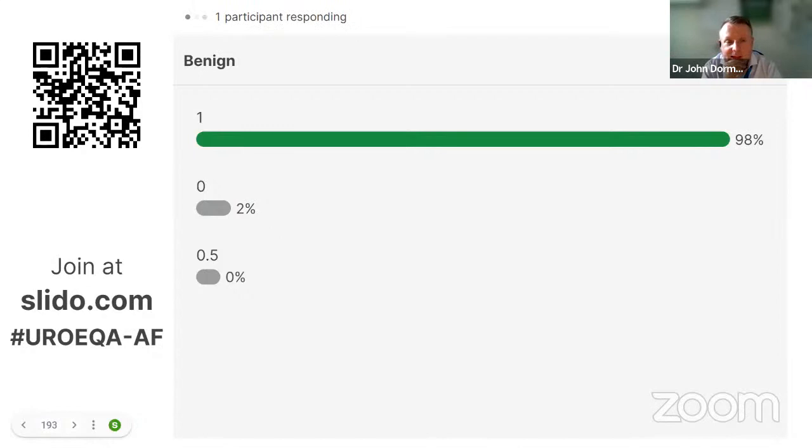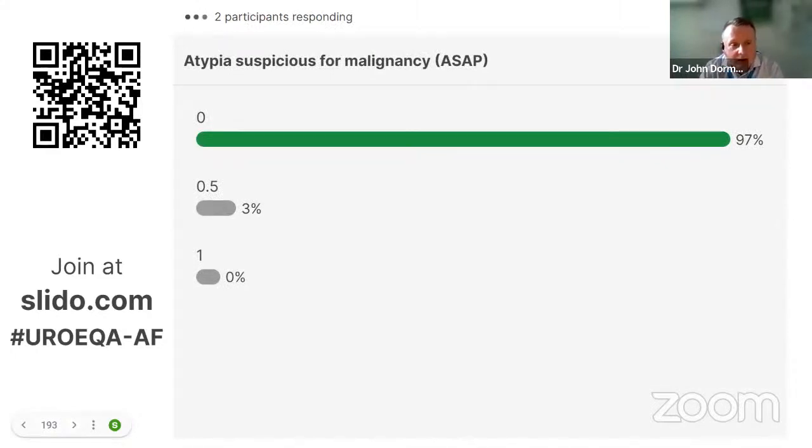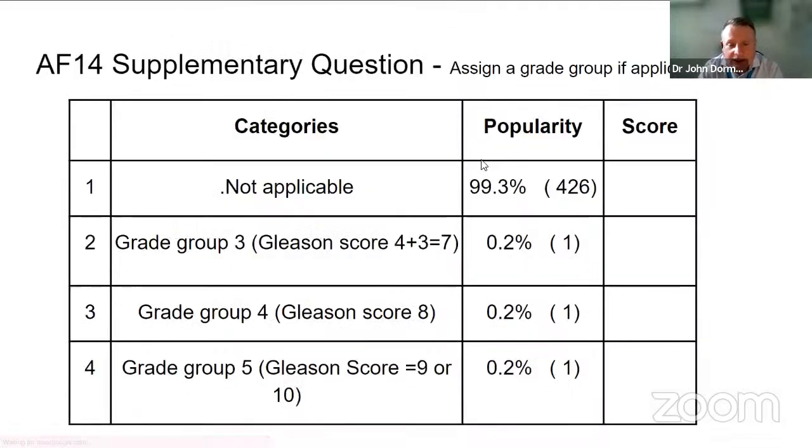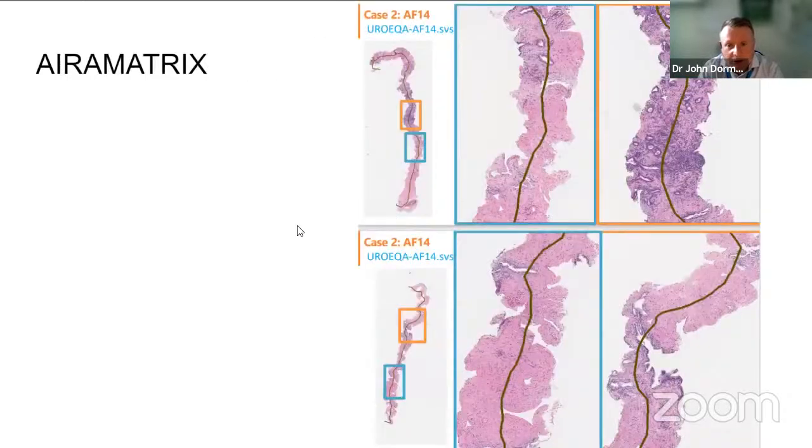So 1 for benign, 0 for high-grade PIN, 0 for adenocarcinoma, and 0 for ASAP. Okay, and then the supplementary question would obviously be not applicable.